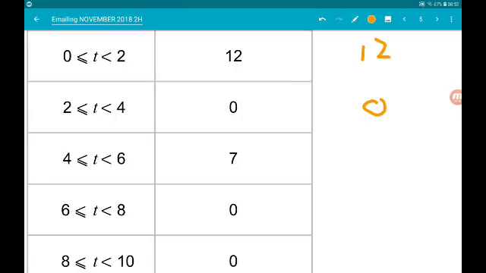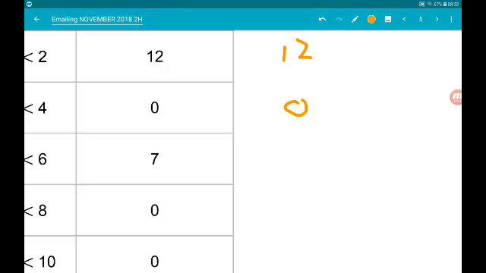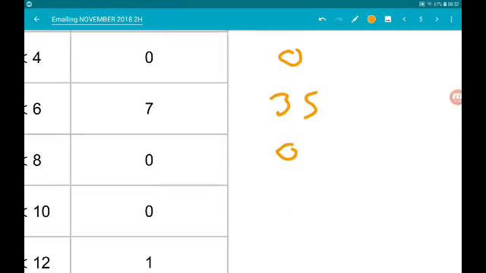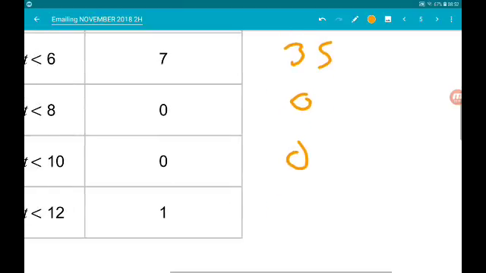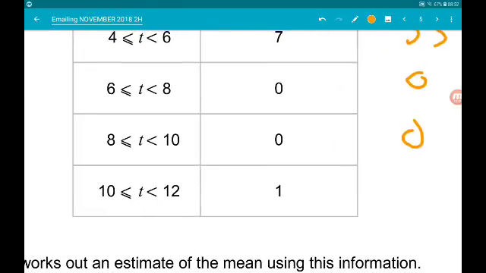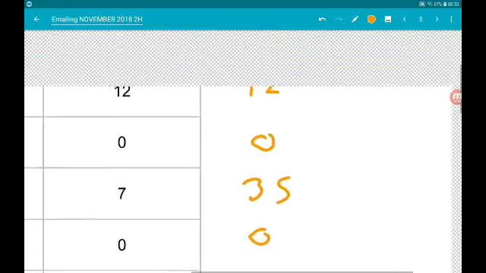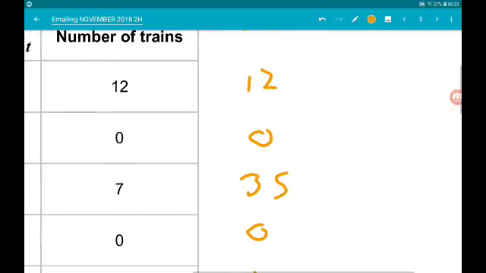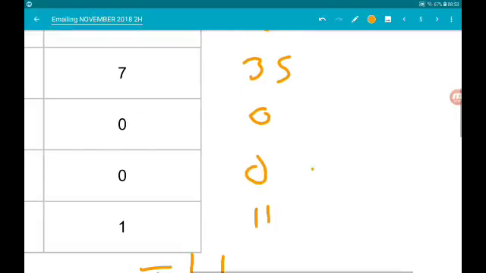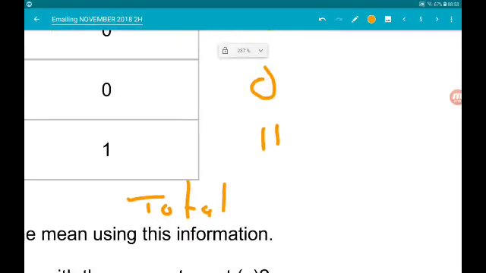The midpoint of 4 to 6 is 5. 5 times 7 is 35. 0 there, 0 there. And then the midpoint of 10 to 12 is 11. So 1 times 11 is 11. So his total is these numbers added together: 12 and 35 is 47, add 11 is 58.